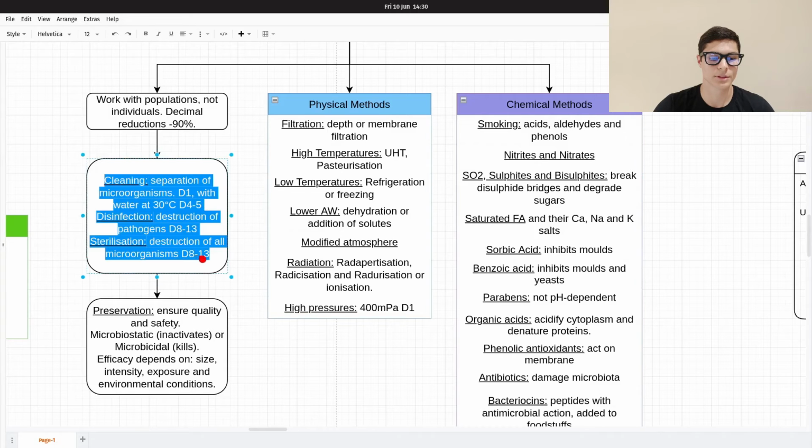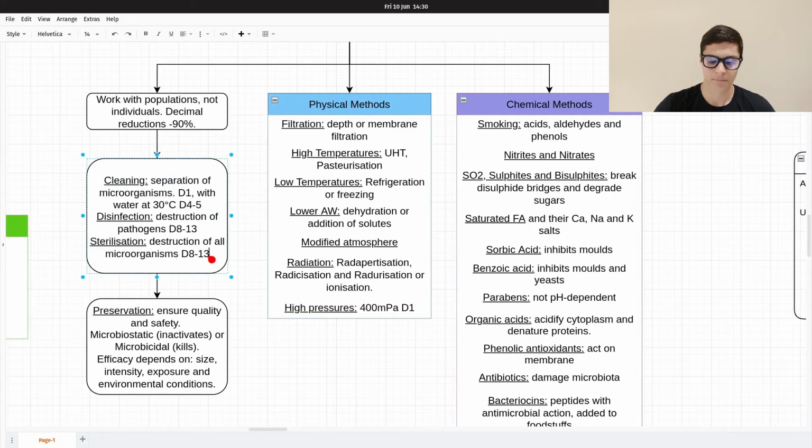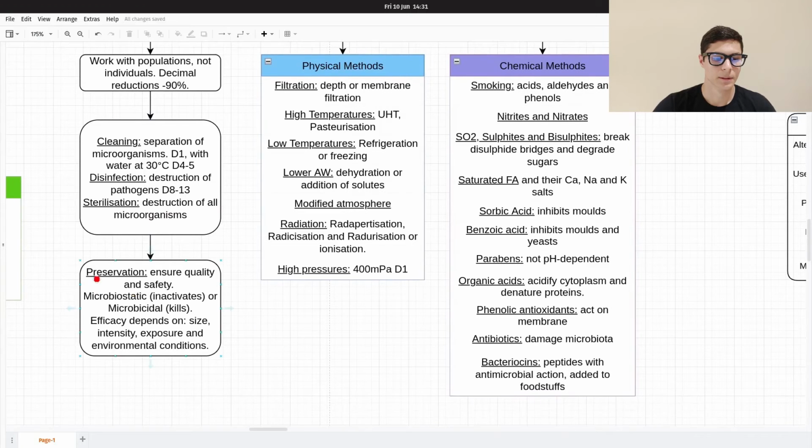And well, this is an error because in here actually we have no microorganisms. So it's not like a decimal reduction, we have no microorganisms. Preservation, we get preservation after using these methods to ensure the quality and the safety of the product.